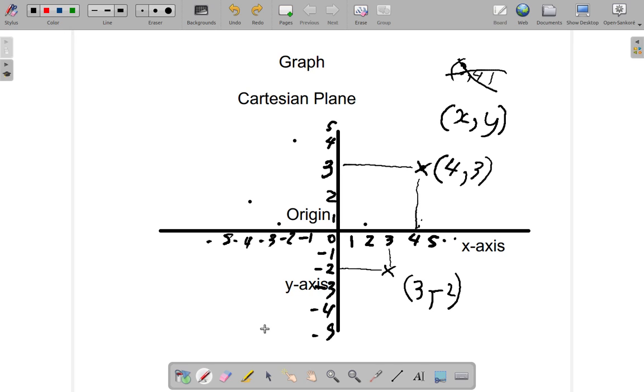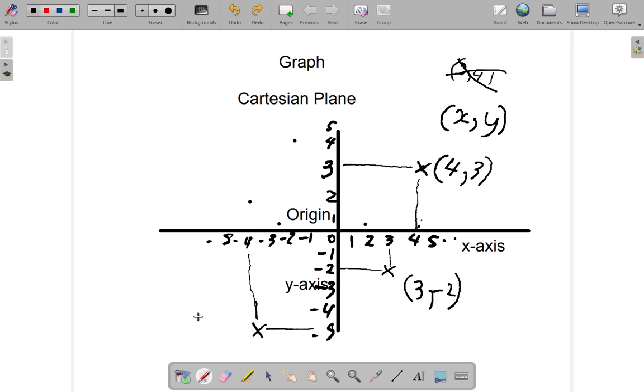What about this point right here? I had put it lining up below negative 4, not 4, below negative 4 on the x-axis, and beside negative 5 on the y-axis.